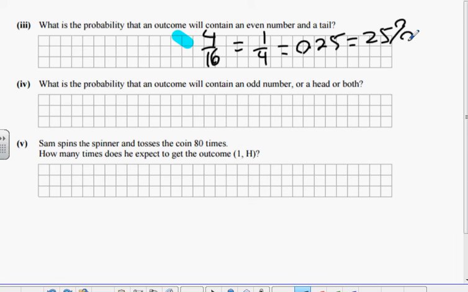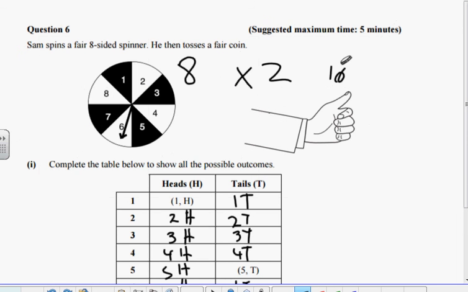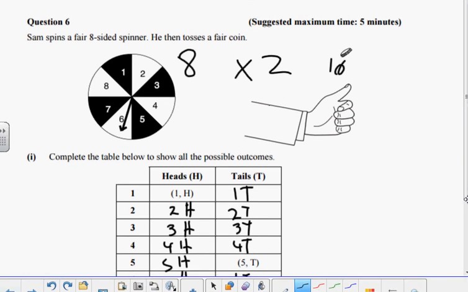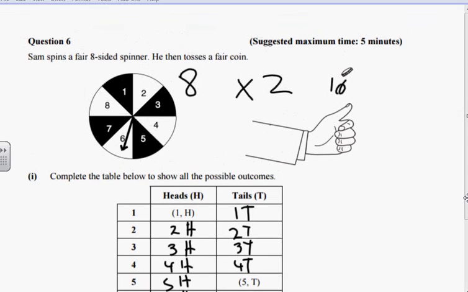What's the probability that the outcome will contain an odd number, or a head, or both? So an odd, a head, or both.